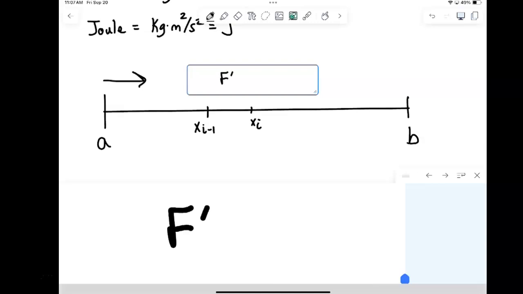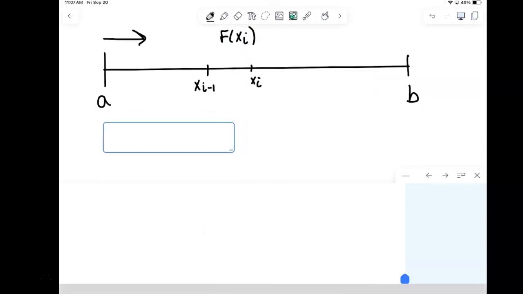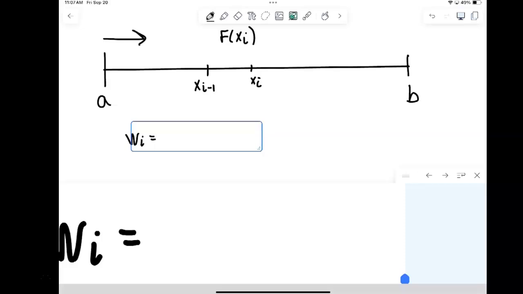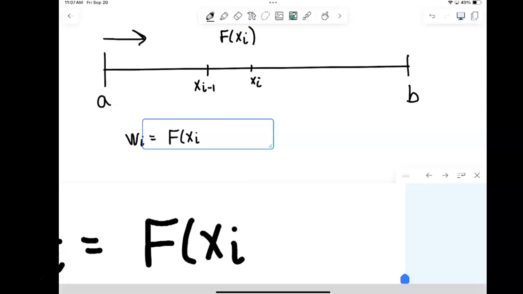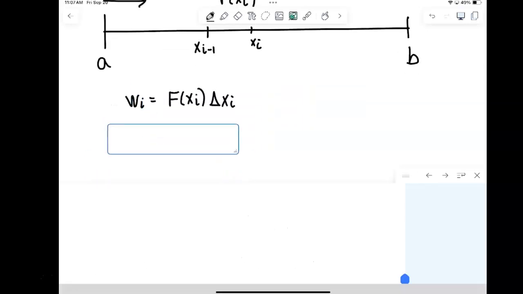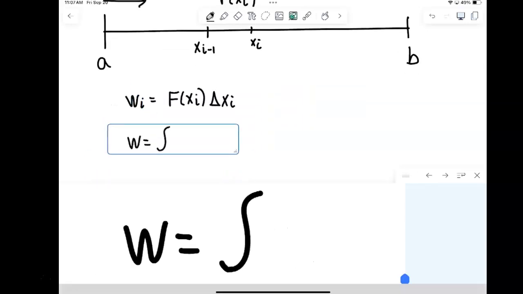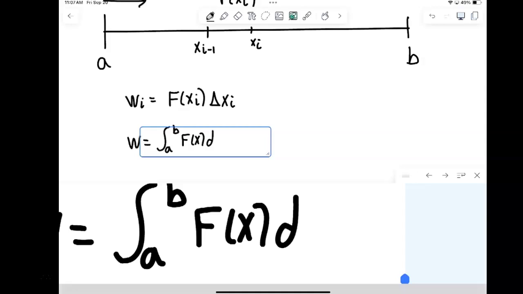So I'm just going to estimate the force across that interval as f of x sub i, so that my work for that interval would just be the force that I exerted over that distance, f of x sub i times delta x, so that my work just becomes the integral from a to b of the force function with respect to x. Okay, so that is the idea of how we're going to do work.